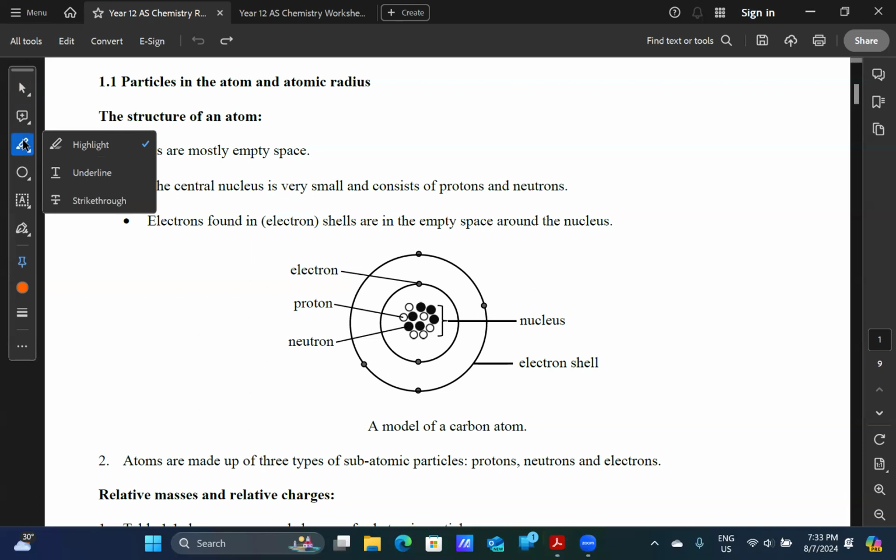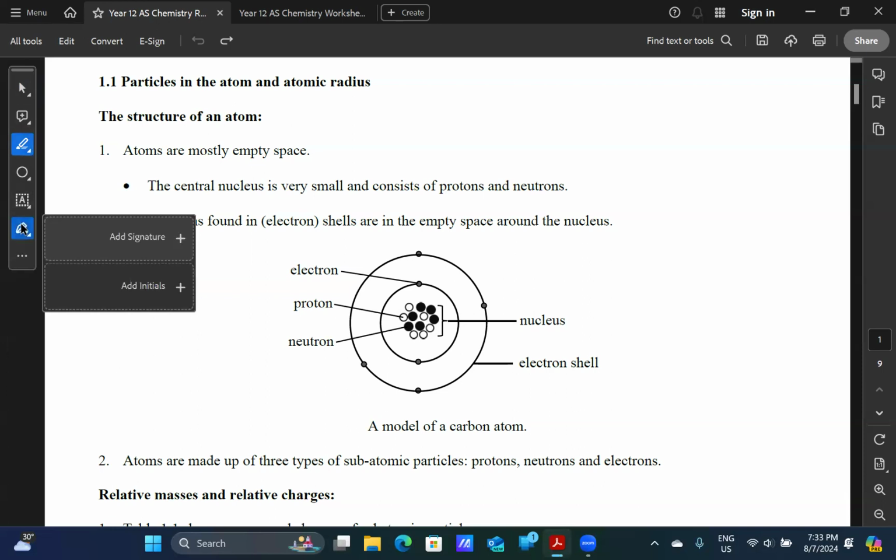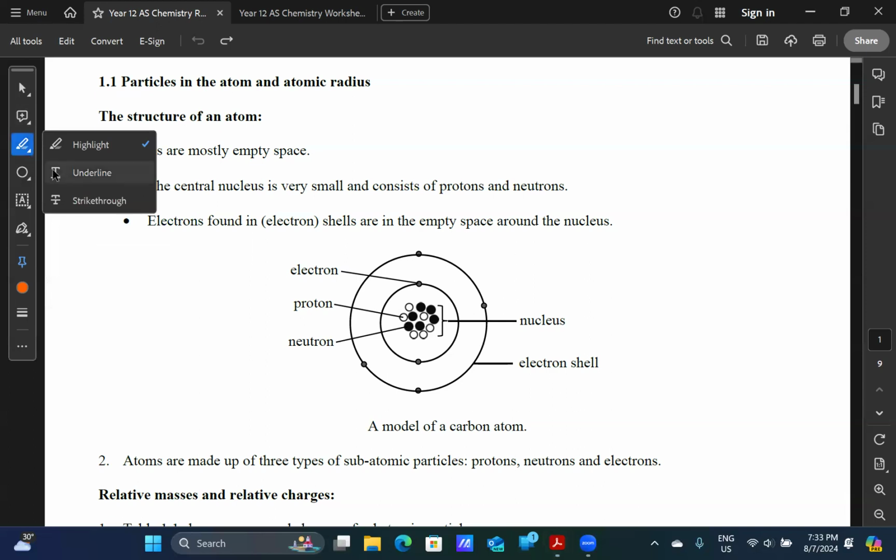Here are the important words you need to know about the atom. First is, atoms are mostly empty space. Based on the model I have shown you, this is the model of the carbon atom.